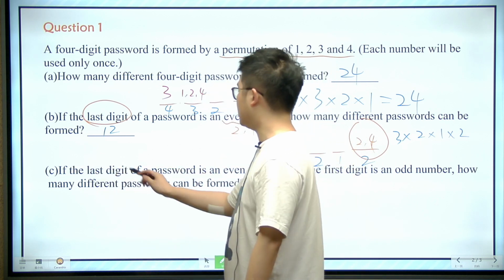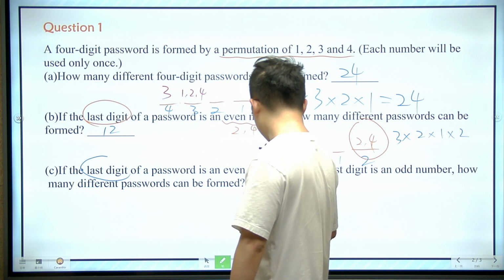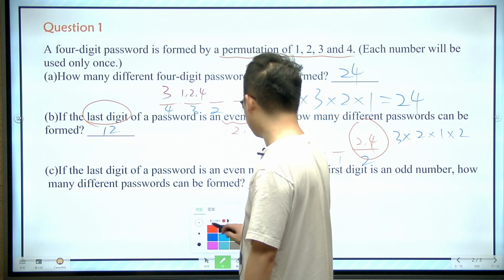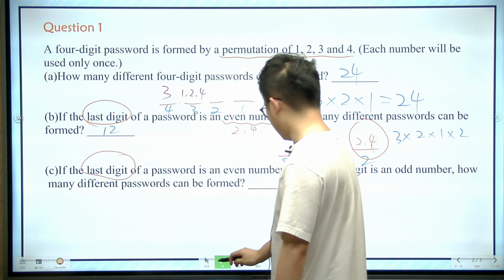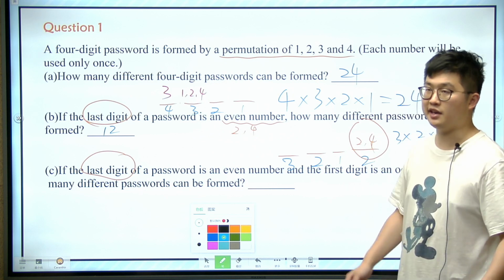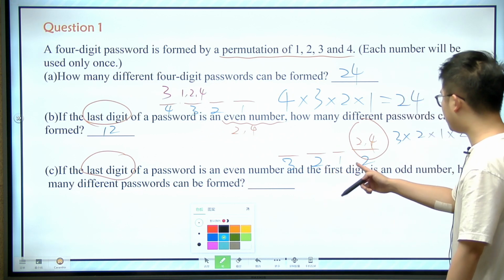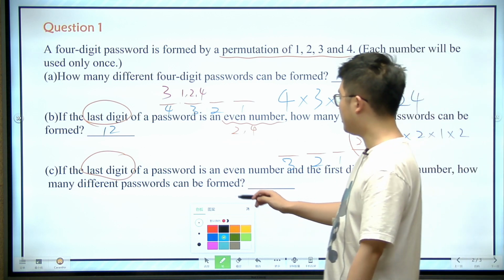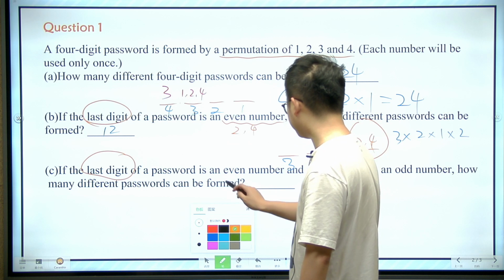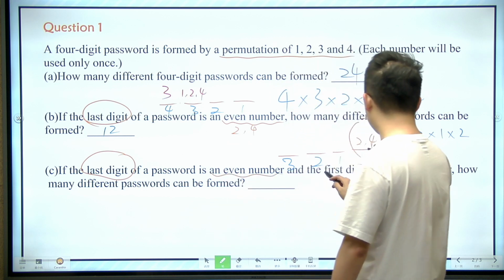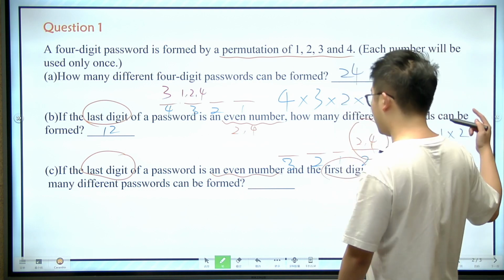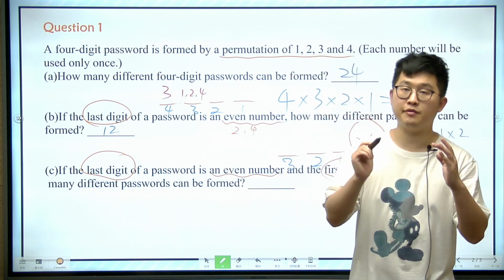The last digit of the password is an even number, and the first digit is an odd number. How many different passwords can be formed?